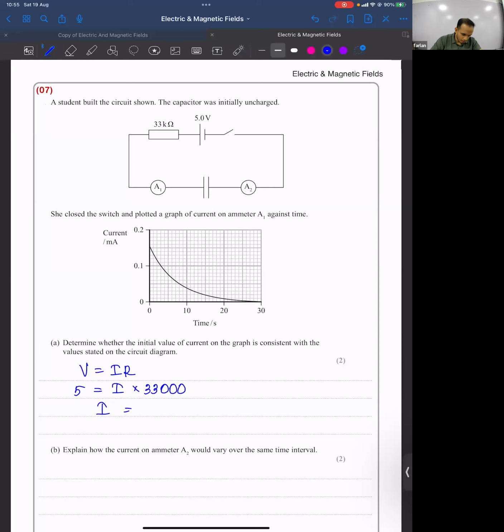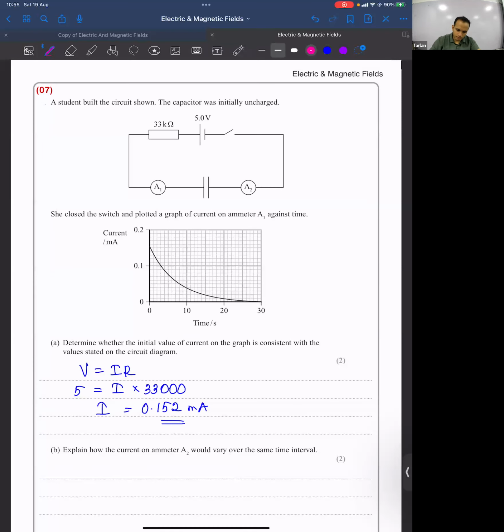Multiply that by 1000 to get it in milliamperes: 0.1515 milliamperes, or 0.152 milliamperes is what I'm getting. So yeah, it's correct.